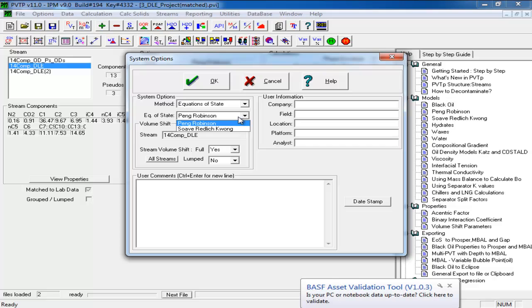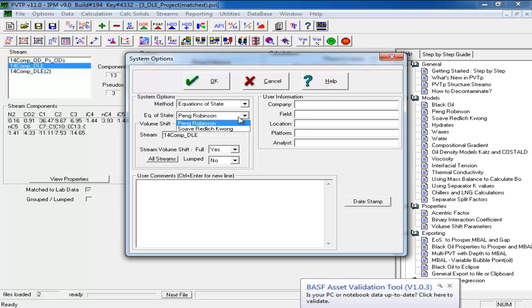Both tests go from saturation pressure until very low pressure. This is for DLE, for example. It goes until here, but maybe we use it until this point, because we measure oil properties at constant temperature.